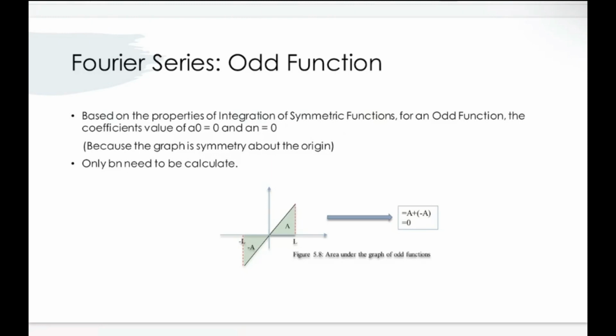For odd function, the coefficient value of a naught equal to 0, an equal to 0. Why a naught and an equal to 0? This is because the graph is symmetry about origin. So you see this one, see this graph.